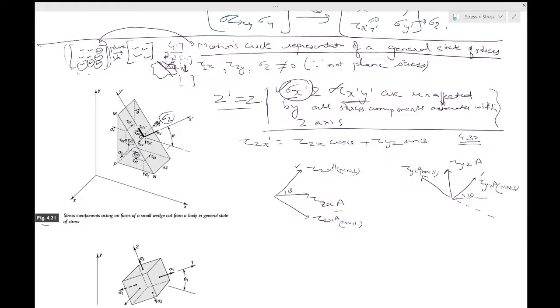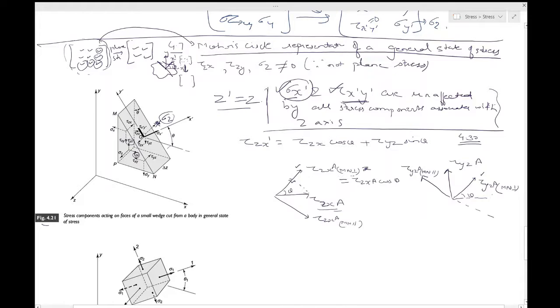If you want to find the value of this thing, you have to project this force over there. So this will be equal to tau zx A cos theta. Always a projection. So your triangle will actually be forming like this. I think you already know all this, but that's how your triangle will form. Okay, that's the first part.